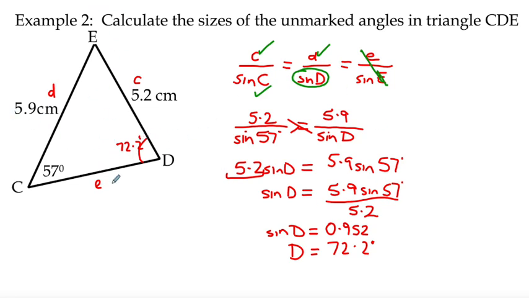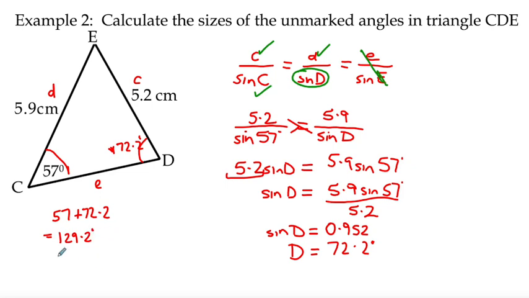Now it stands to reason if that's 72.2 degrees, we don't need to run the sine rule again. We could technically this time use the sine rule, I think, or maybe we couldn't even, because we don't know the side opposite E. But of course we know one of the other key properties of the triangle. 3 angles add up to 180, so we can say that 57 plus 72.2 degrees is equal to 129.2 degrees.